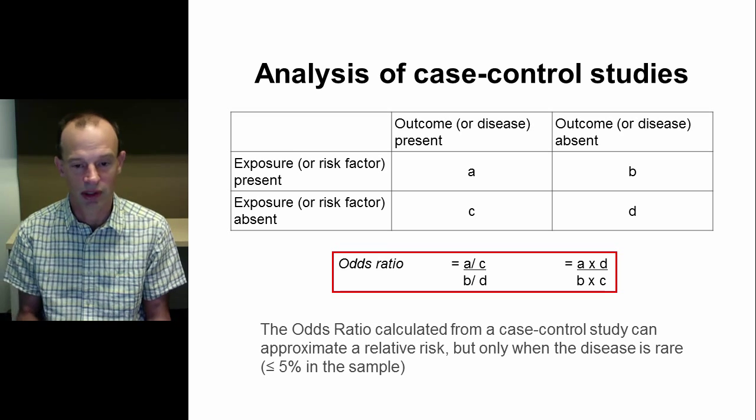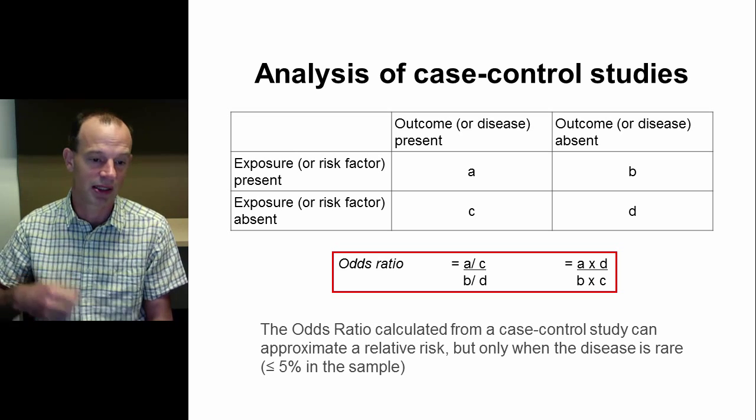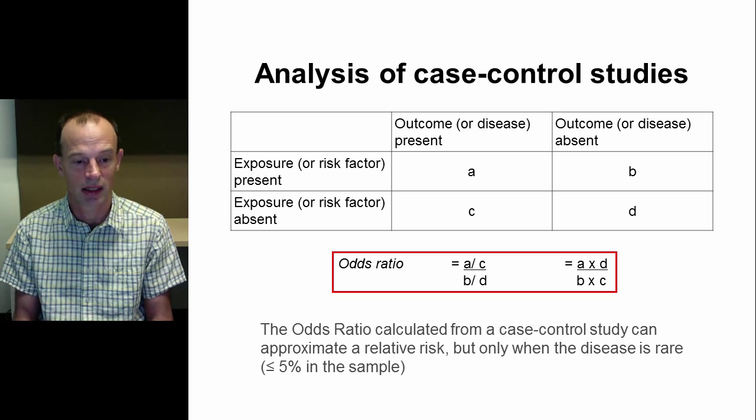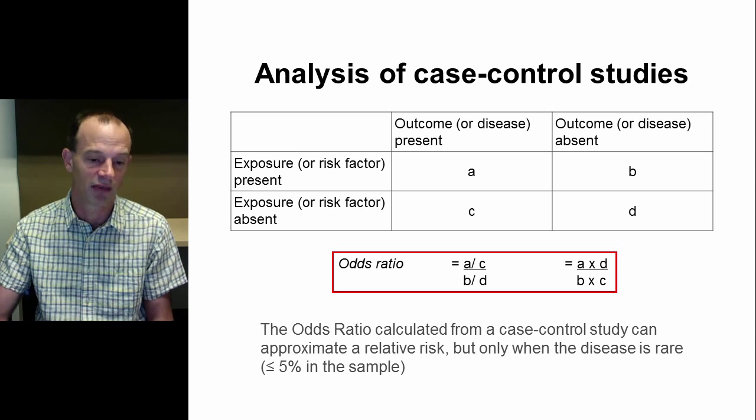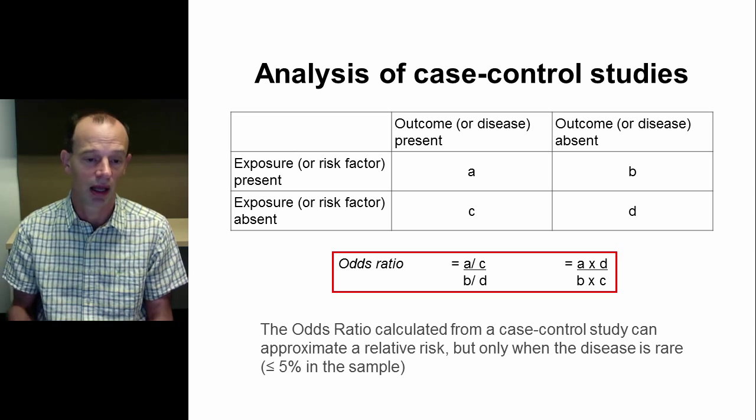The odds ratio calculated from a case control study can approximate the relative risk, but it only works when the disease is rare. That is, if you have less than 5% of people in your sample having the disease.